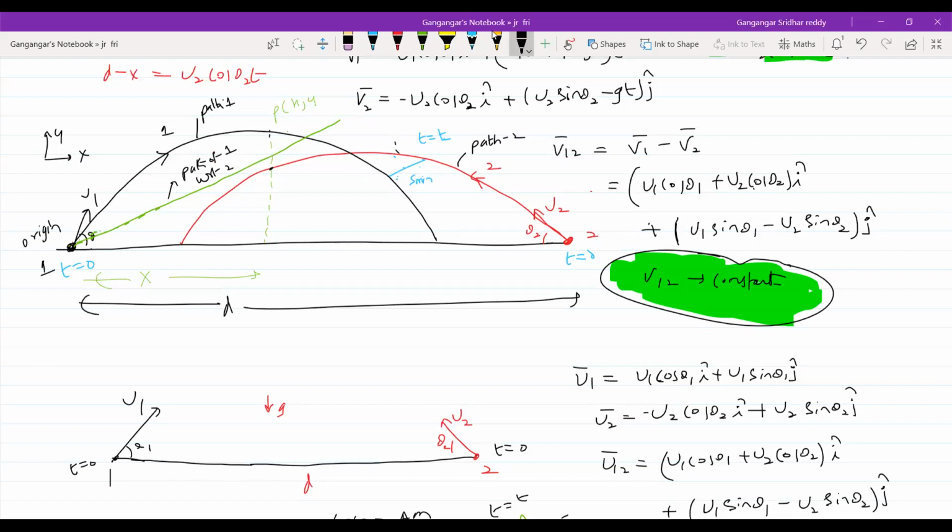Projectile 1 looks at the ground, he feels he's moving in a parabolic path. Projectile 2, when he looks at the ground, he feels he's moving in a parabolic path. When projectile 1 looks at projectile 2, he feels he's moving in this direction, a straight line. Can you remember the first statement?